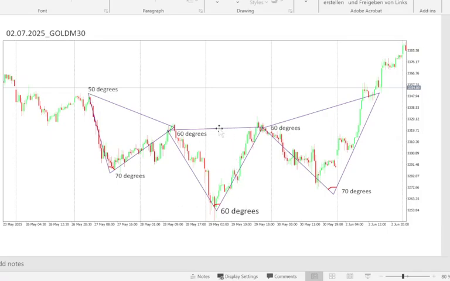I measured here again, and here the angle was 60 degrees. Here we have 70 degrees, and here we have 60.